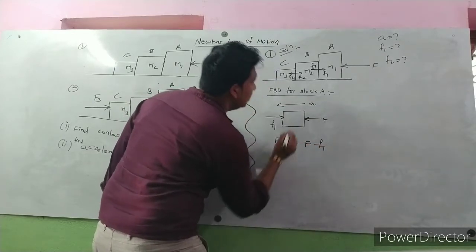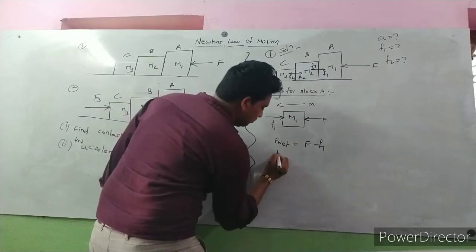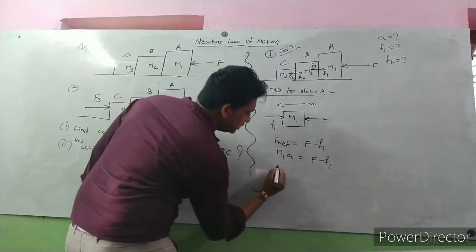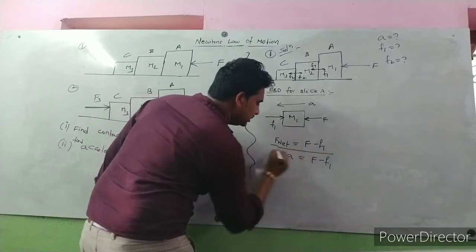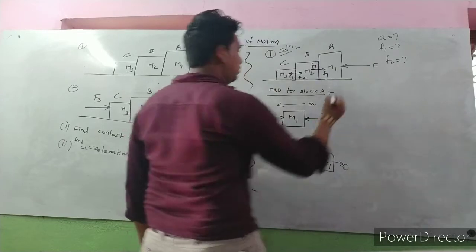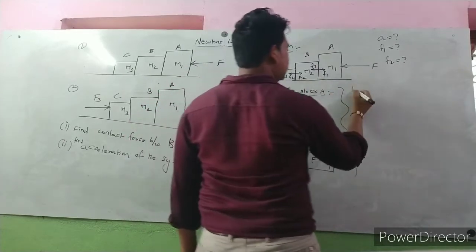Here this is block M1, so M1 into A is equal to F minus F1. This is equation 1.